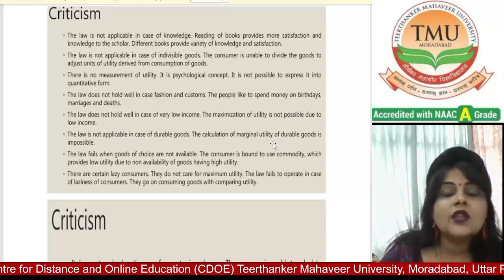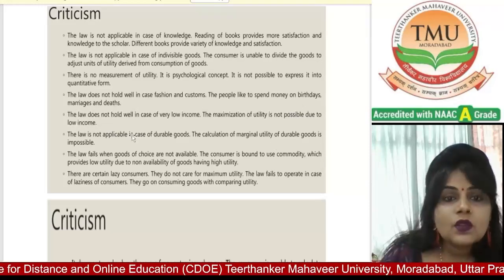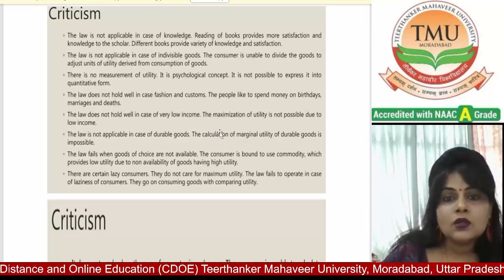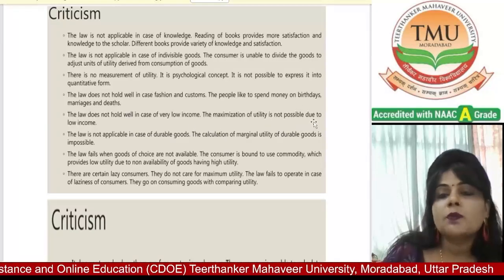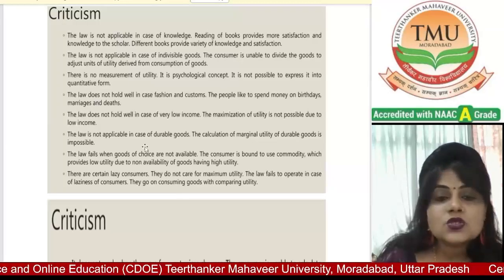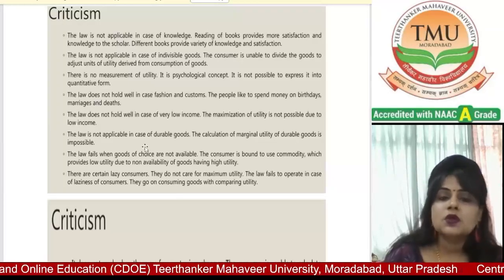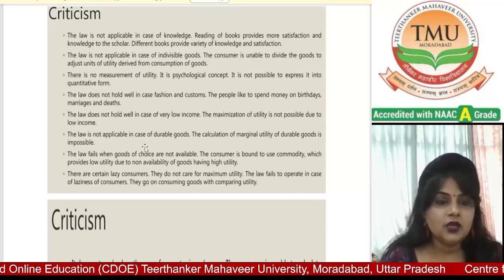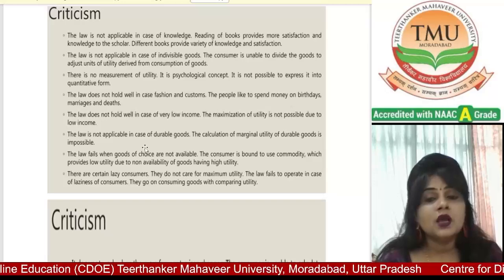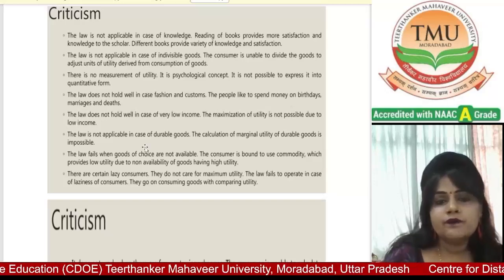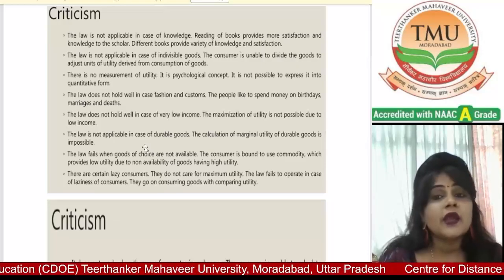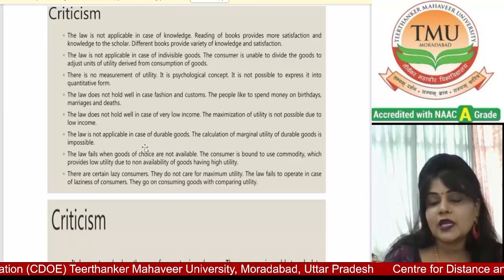And next, the law does not hold well in case of very low income. The maximization of utility is not possible due to low income, when the resources of the consumer are very limited and he has no source of income, so he cannot decide and cannot get the maximum satisfaction.